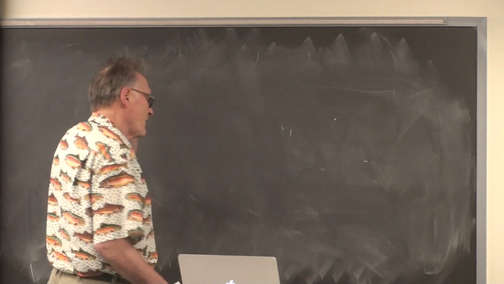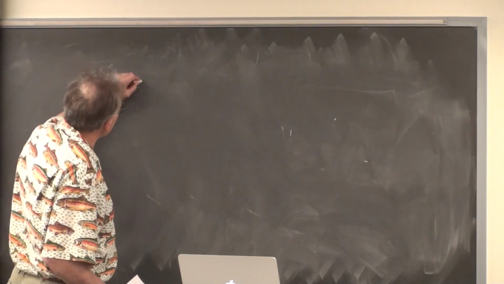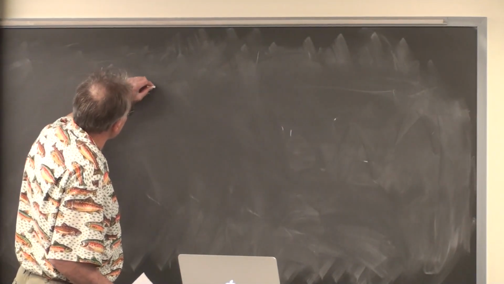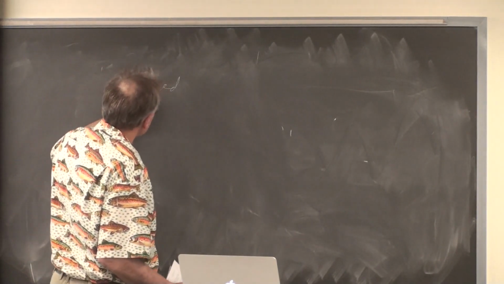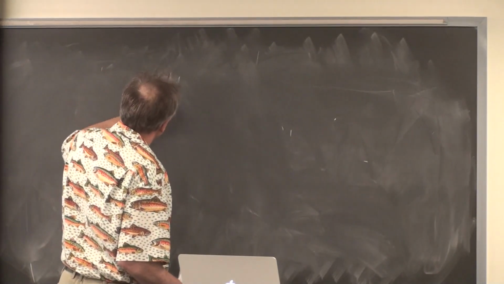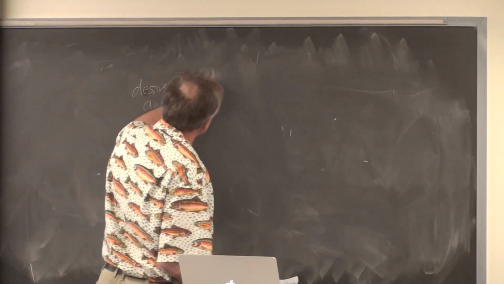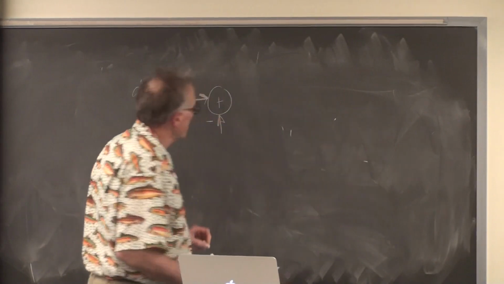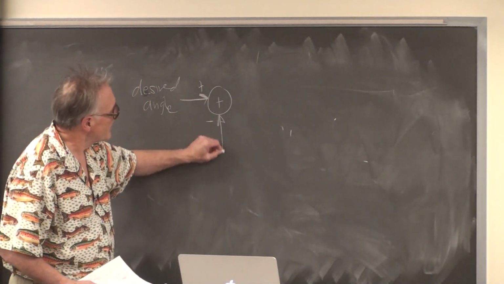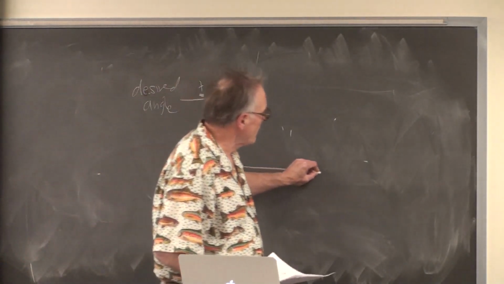And the way this is usually written is to say we want an input which is something like, we're going to just call it the desired angle, and we're going to subtract from that the actual angle.